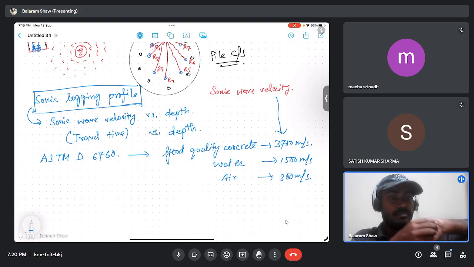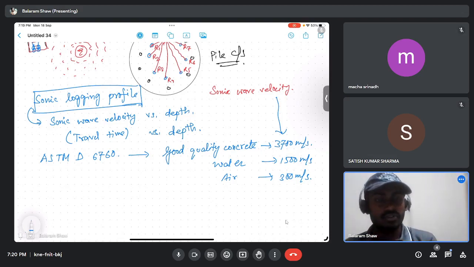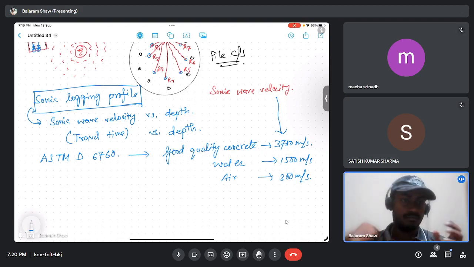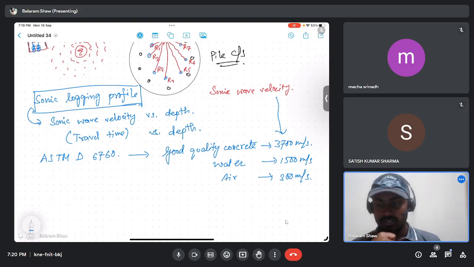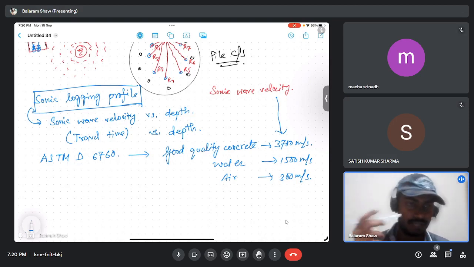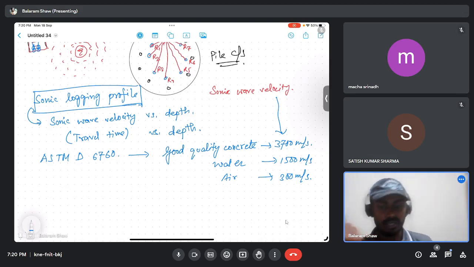Sometimes we roughen the PVC pipe, and then put it in and do the concreting, so that it improves the bond of the tube with the concrete, isn't it?